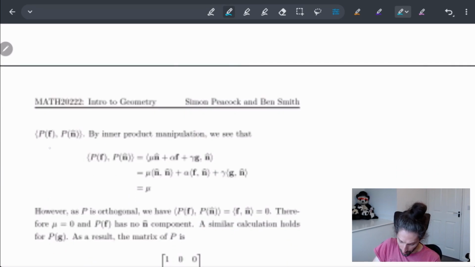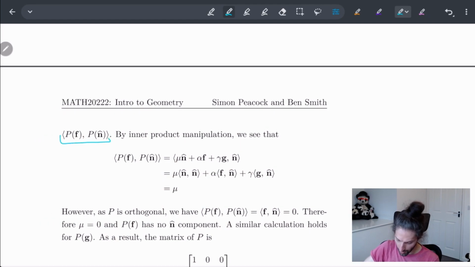And we're going to look at the inner products. So here we have the inner product. And so let's look at this. So here we can replace this one here. And then P of n, well, this is just equal to itself, right? Nothing changes. Now, by properties of inner product, I can pull these out, right? So this is n, this is f, right?